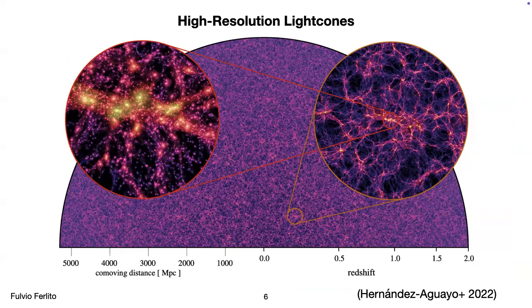This problem of memory usage and limited memory availability can be overcome by storing the information about certain particles in a certain angular region of the sky within a certain pixel, let's say, in the sky. So we lose the information about the single particle, but we preserve the information on the angular scale.